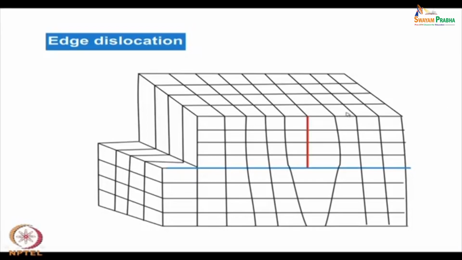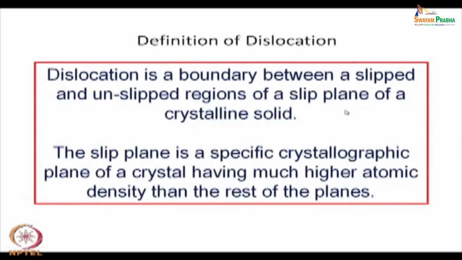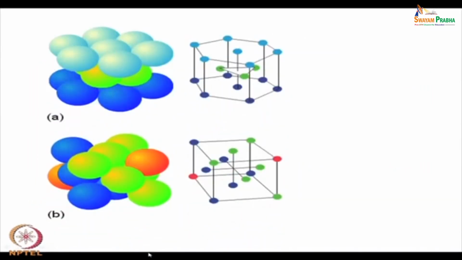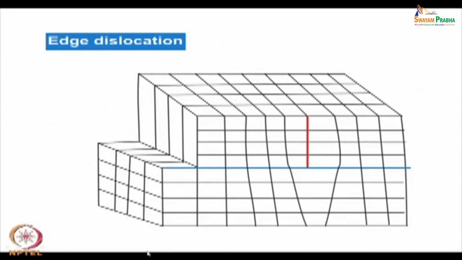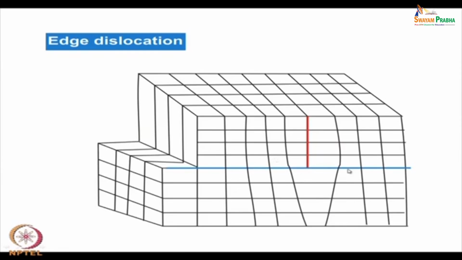So, coming back to the definition, the dislocation is a boundary between a slipped and an unslipped region of a slip plane of a crystalline solid. It lies on the slip plane, with the slipped portion on one side and the unslipped portion on the right side.